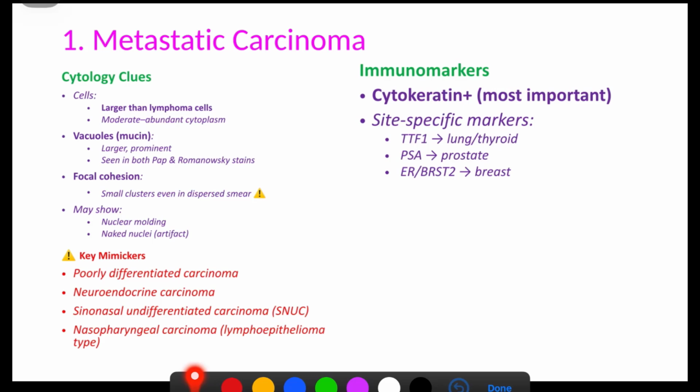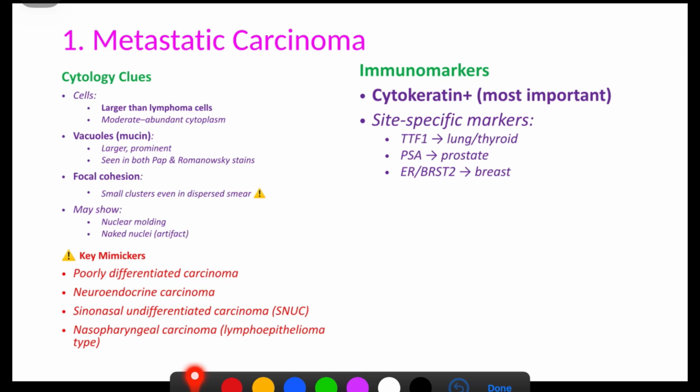So how will you identify whether it is metastatic or lymphoma? Here we have to look for cells larger than lymphoma cells with moderate to abundant cytoplasm, and vacuoles in the cytoplasm, which in adenocarcinoma are mostly mucin, large and prominent, and present in both PAP and Romanovsky stain. Small clusters may even be seen in the dispersed cells.